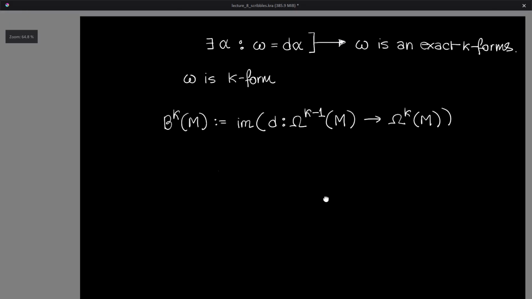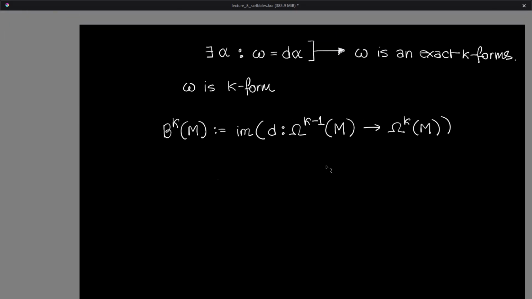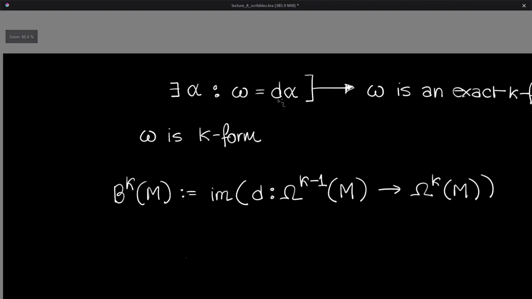So if we think about the set of all the exact k forms on our manifold, for this to work out, alpha would have to be a k minus 1 form, so that the exterior derivative would give us a k form.